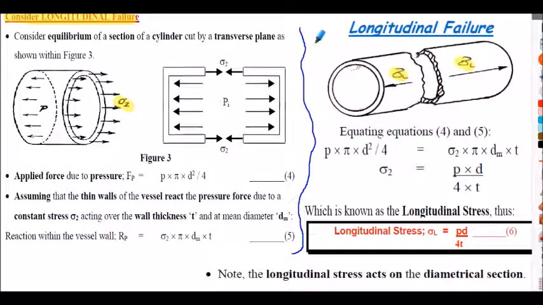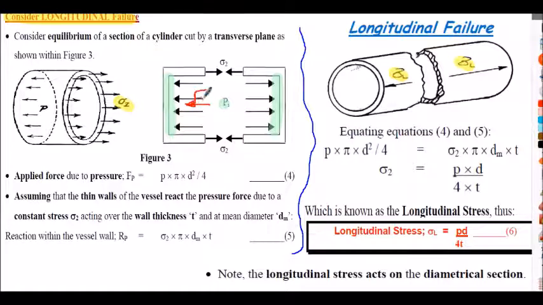So what we've got effectively now, if you think of the end caps of the vessel, the end of the cylinder here, is our internal pressure applied all the way across the end of that circular vessel. If we want to work out the force that's now pushing the vessel apart in a longitudinal sense, in other words a force in this direction, the pressure times the area is producing this force here.